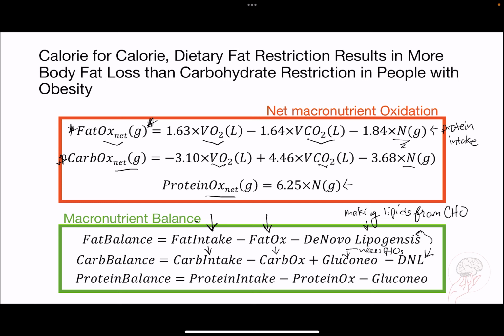Finally, we have protein intake minus protein oxidation from here minus gluconeogenesis. And this is because gluconeogenesis uses protein to make carbohydrates.